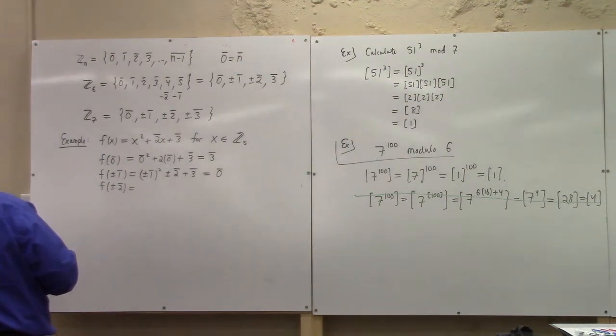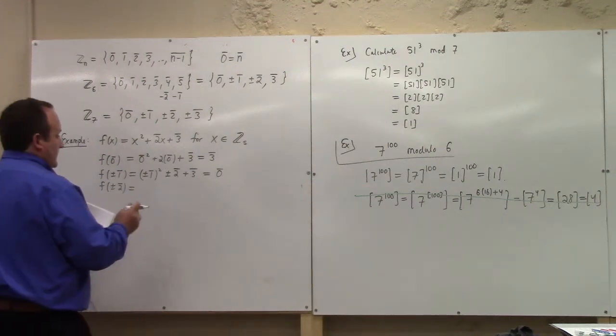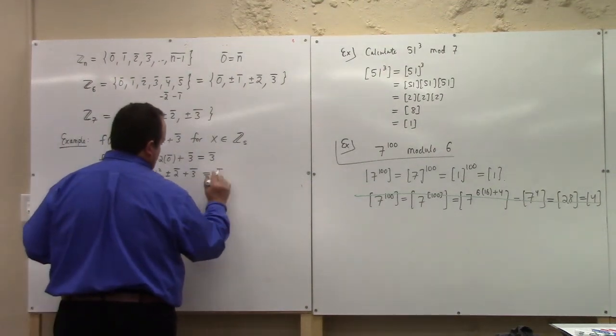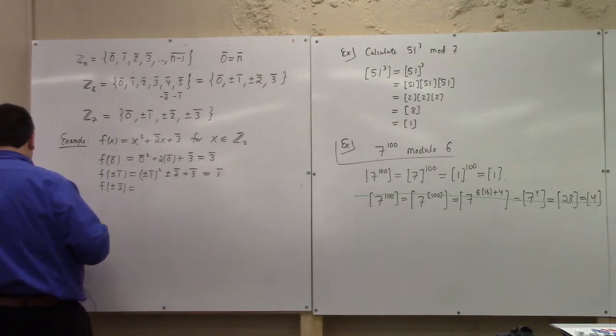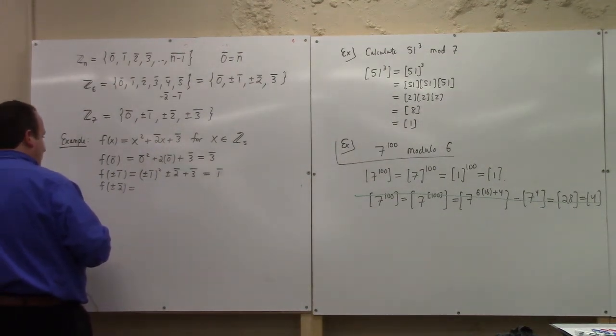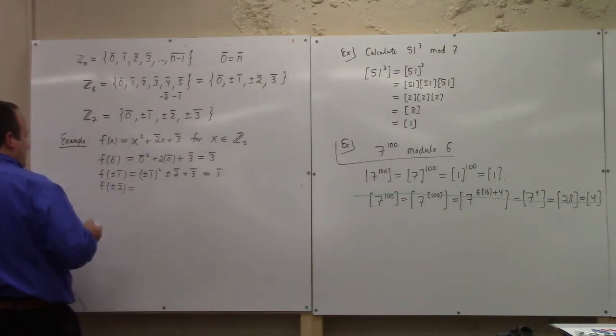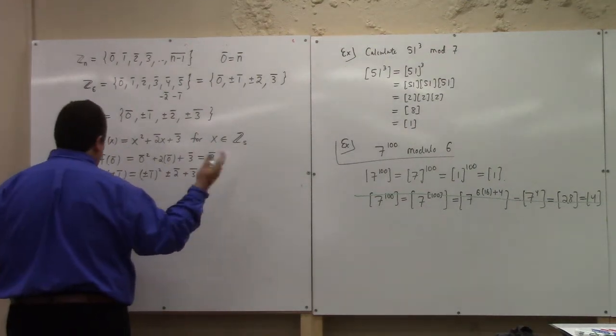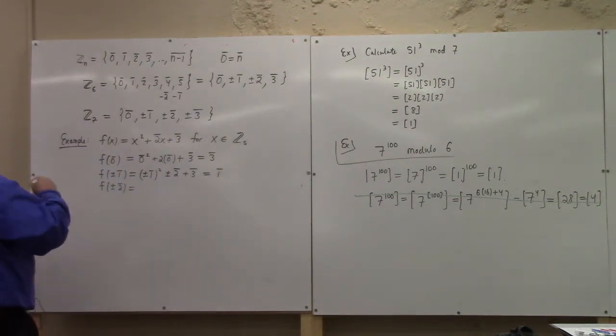That's wrong. Oh, I'm working mod 5. So this was not 0, this was 1. I'm regretting this plus-minus nonsense here. You can just plug in minus 2, minus 1, 0, 1, and 2.